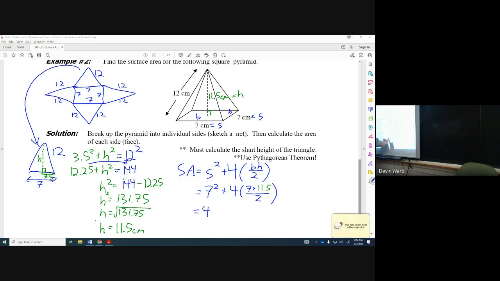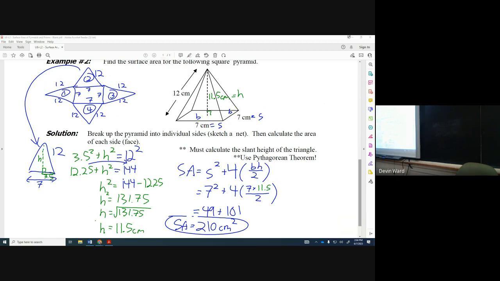So that would be 49 plus 4 times 7 times 11.5 divided by 2. Remember, it's 4 because I have 4 triangles. I have 1, 2, 3, 4 triangles, and they're all identical. Okay? So 49 plus 161, or my surface area is equal to 210 centimeters squared.